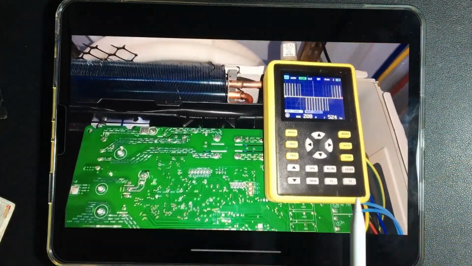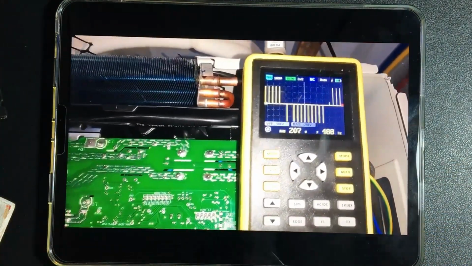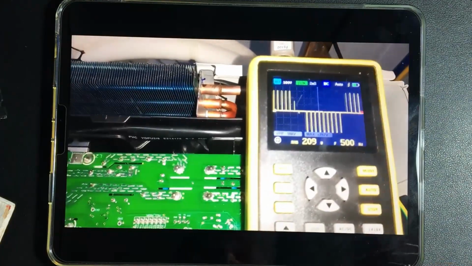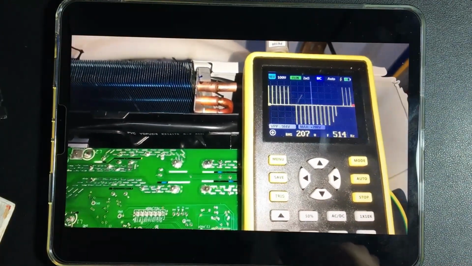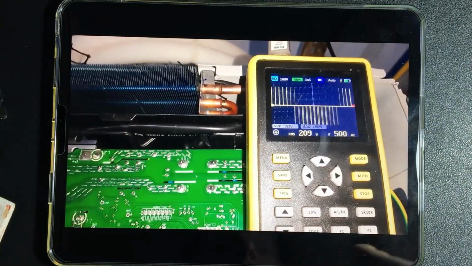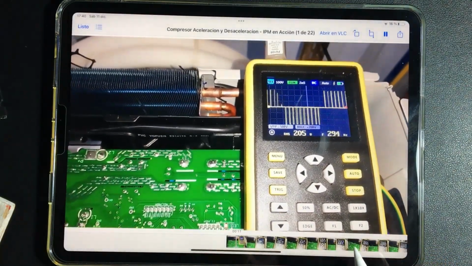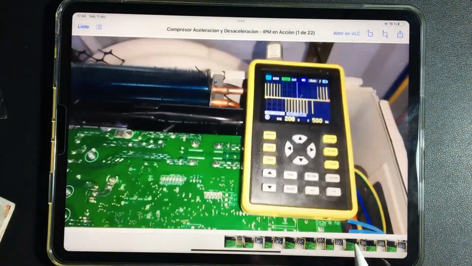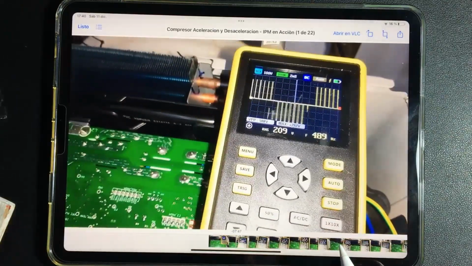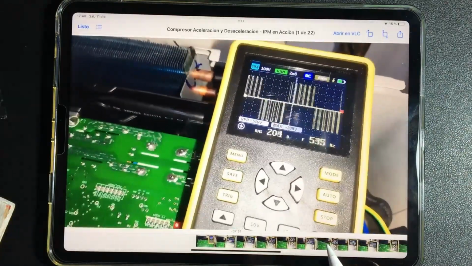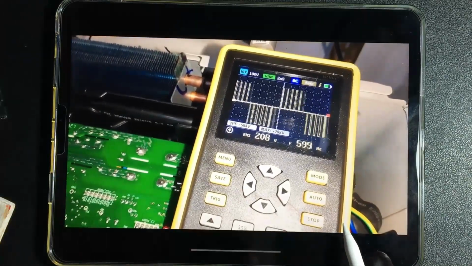I'm going to show you now in a slightly more stable video how the compressor accelerates and decelerates. There we have it running at minimum revolutions. It's a long video, so I'm not going to play it in its entirety. But notice how the time it takes from one wave to the next shortens.